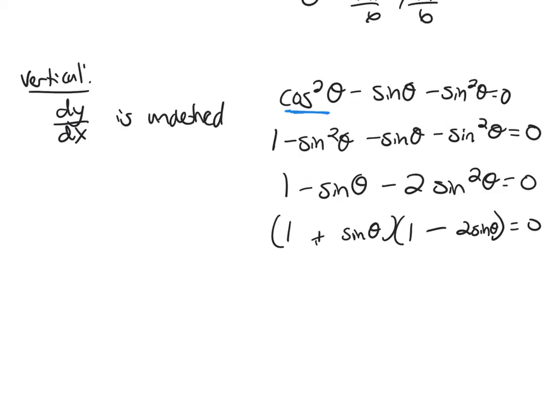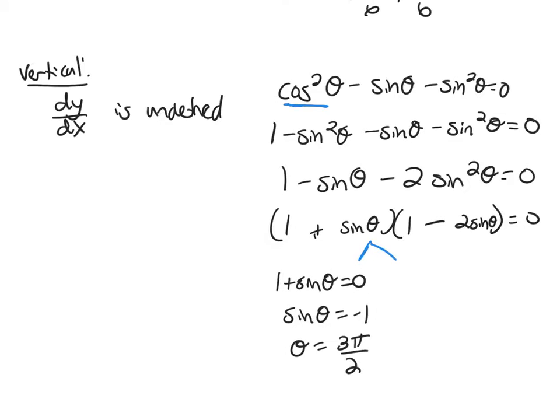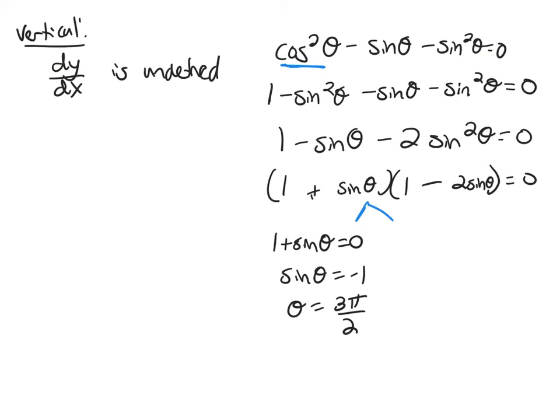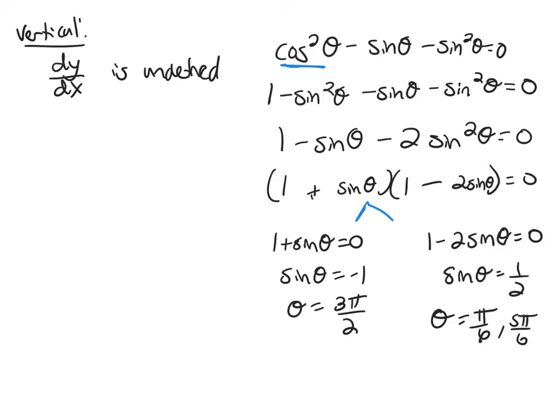So I get two possibilities. 1 plus sine theta is 0, so sine theta would be -1. That would be 3 pi over 2. Or 1 minus 2 sine theta is 0, so sine theta would be 1/2. You get pi over 6 and 5 pi over 6.